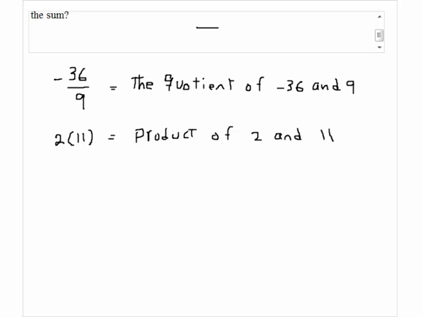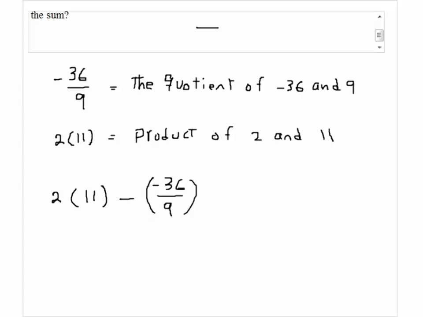So it says to subtract the quotient of negative 36 and 9 from the product of 2 times 11. So we have to write 2 times 11 first, minus the quotient of negative 36 over 9.